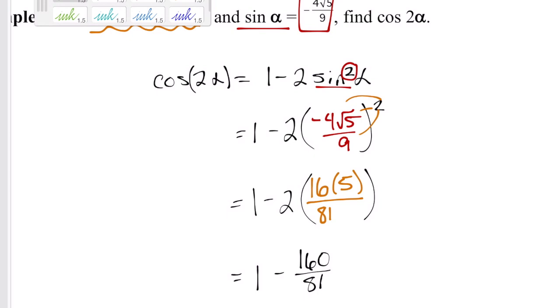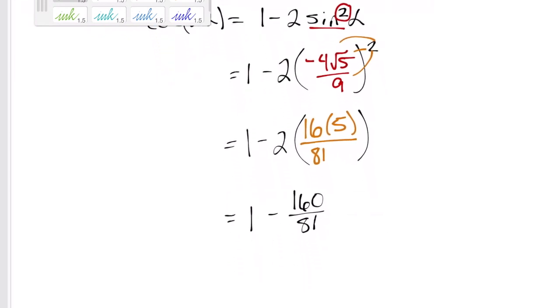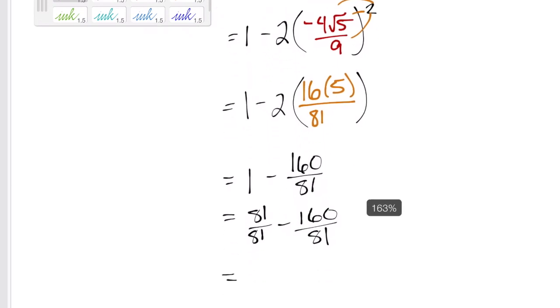I'm not able to simplify that, so I'm going to change my 1 into 81 over 81 so that I can combine my fractions now that they have the same denominator. And I end up with negative 79 over 81. And this is as far as we can go. Again, I can't simplify, so it's all we gotta worry about.